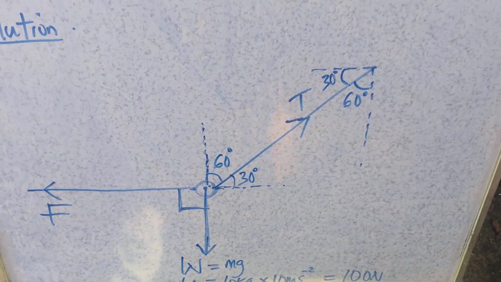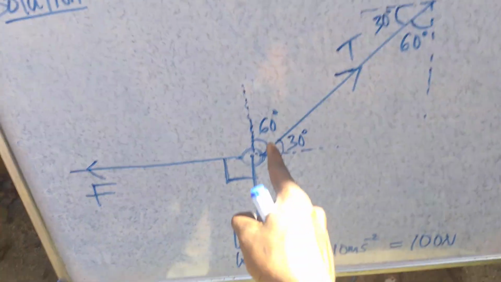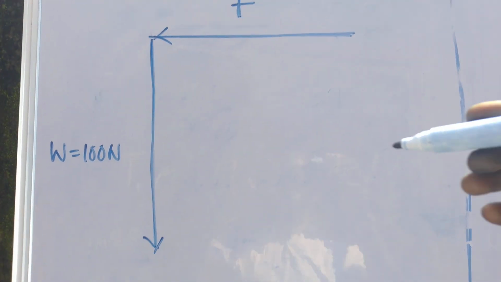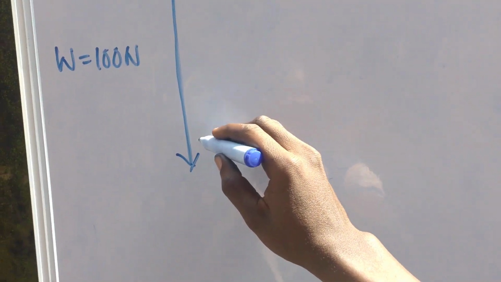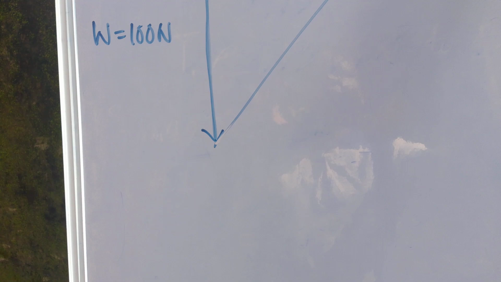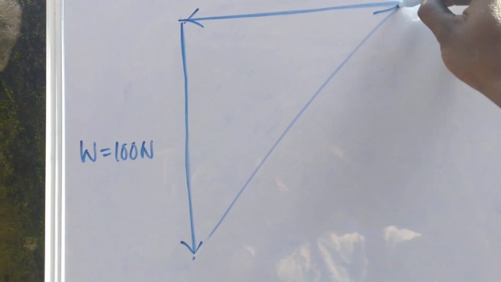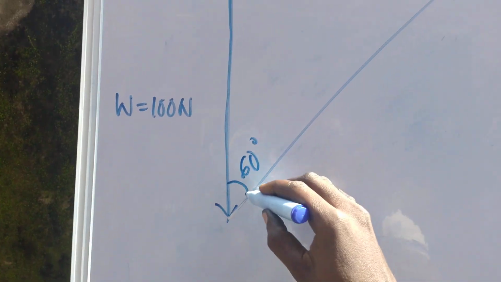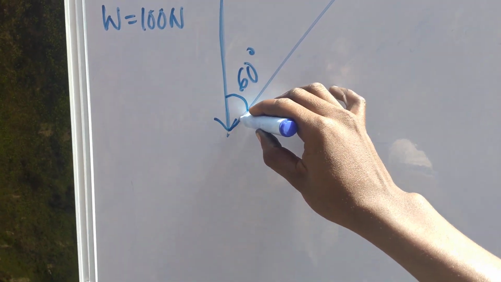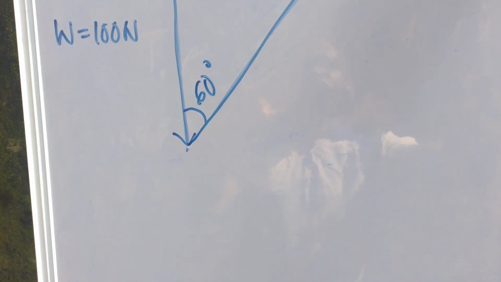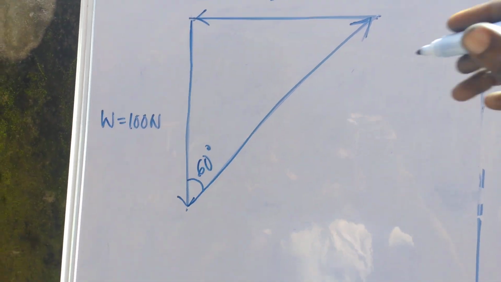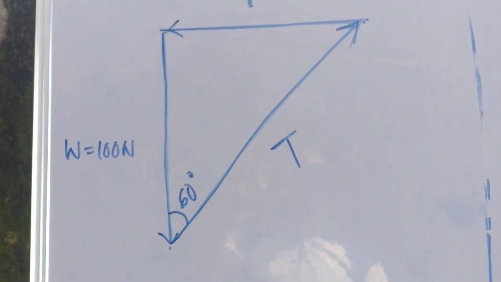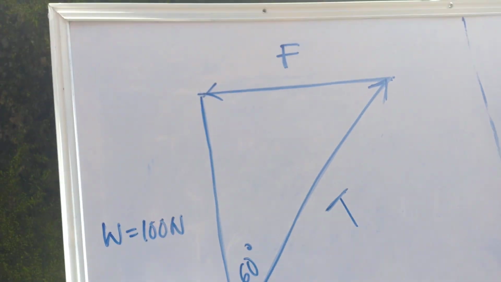And you also take note of this angle, 60 degrees, that is alternating here. So I take the tension force going like this, and the angle there is 60 degrees. Call this tension T. So this is what we have gotten using the triangle of forces.